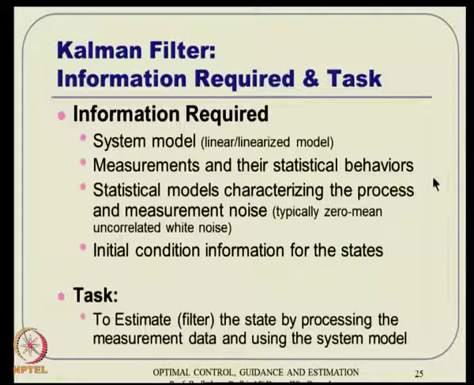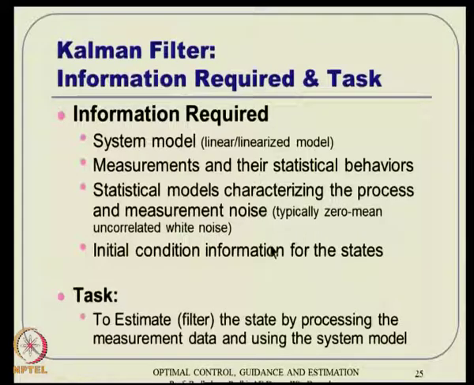We should have statistical models characterizing the process and measurement noise, typically considered as zero mean uncorrelated white noise. What is that? I will talk about that in subsequent lectures. And initial condition information for the states is also available. That is what we are assuming. These are essentially the required information.